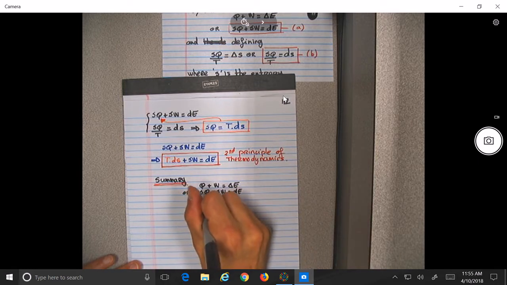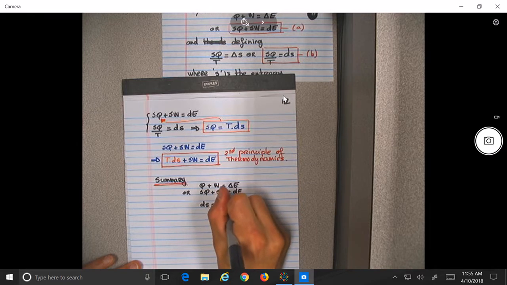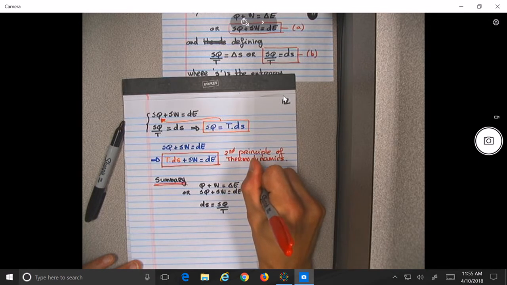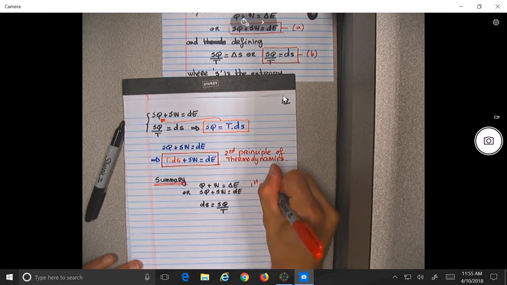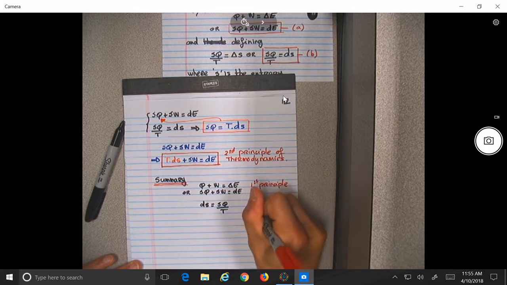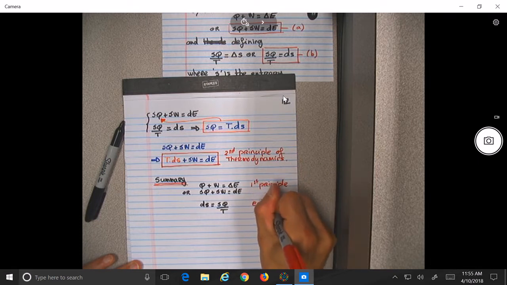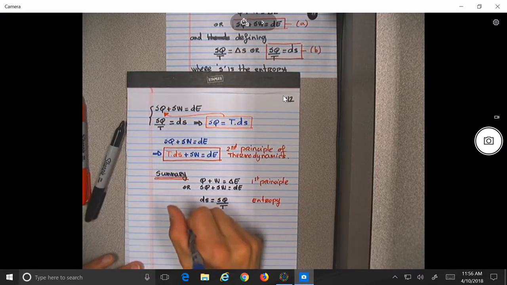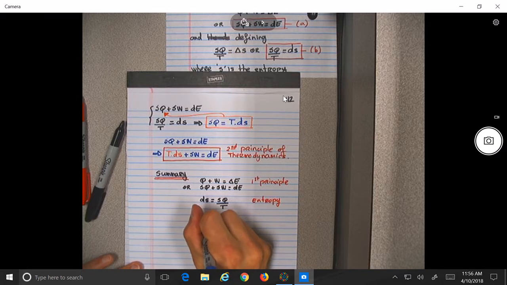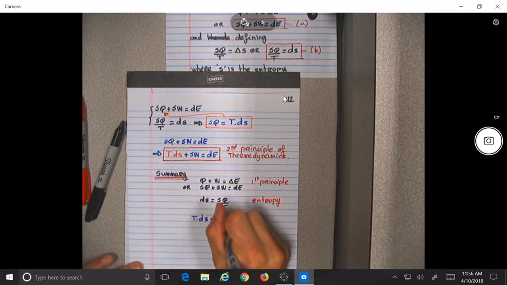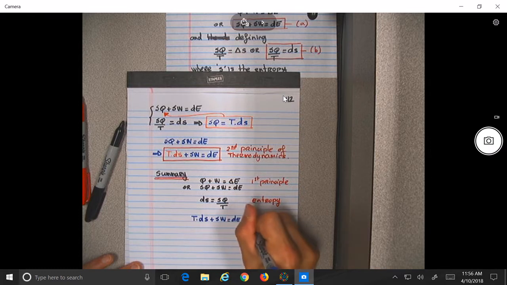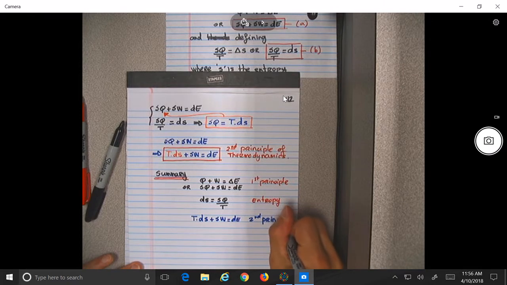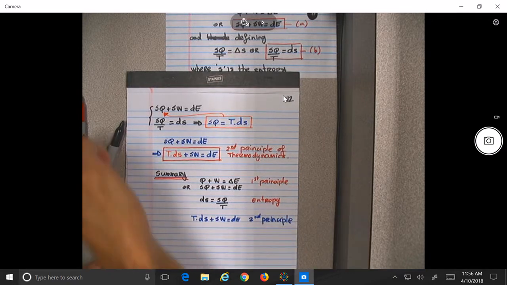Then we have the equation dS equals delta Q over T. This is the definition of entropy. And if you combine these two, what do you get? Second principle of thermodynamics.